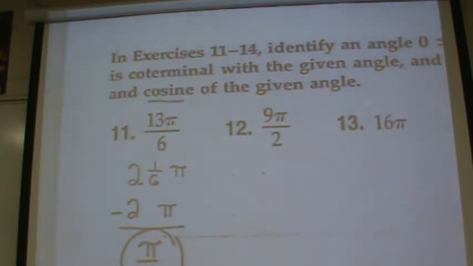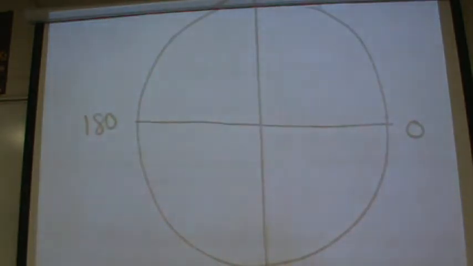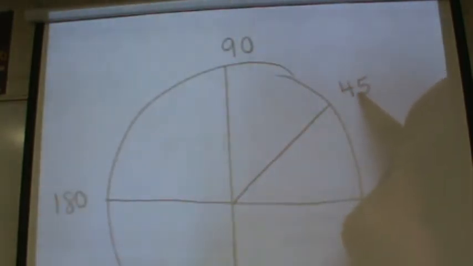Well, what does pi over 6 mean to you? Does anyone remember what pi over 6 is? We did this yesterday. Here's your circle. This is 0. This is 90. This is 180. This is 270, right? What's this angle right here? 45.